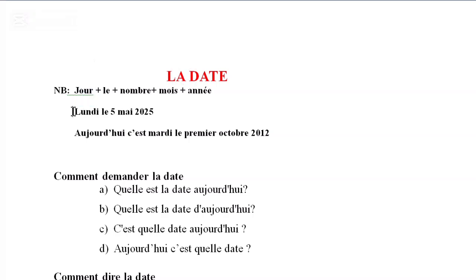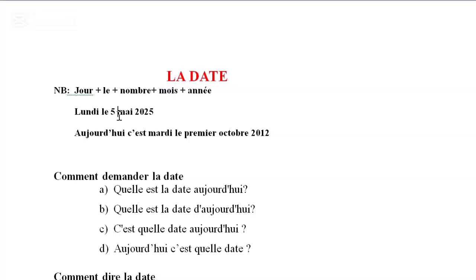For example, here we have written lundi. You can write mardi, mercredi, samedi, dimanche, any day of the week. And then after the day we write le, followed by nombre, and this is the nombre, and then from there followed by mois.